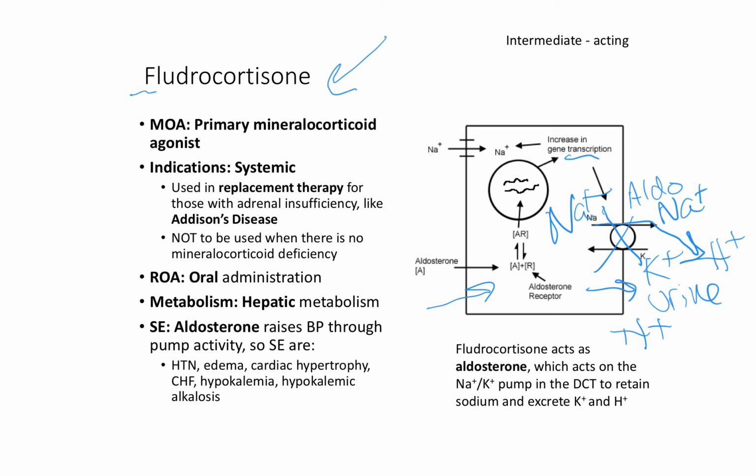Because we're losing potassium, we can see hypokalemia, and because we're losing acid, we can see hypokalemic, so low potassium, alkalosis, which is the development of a high pH, which makes sense because we're messing with our hydrogen ion, which is our acid. So fludrocortisone, intermediate acting mineralocorticoid.